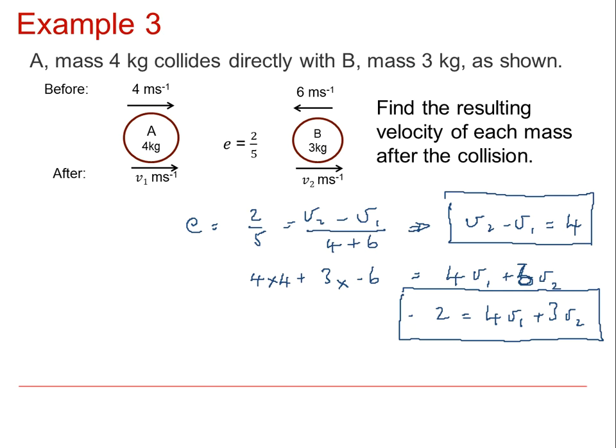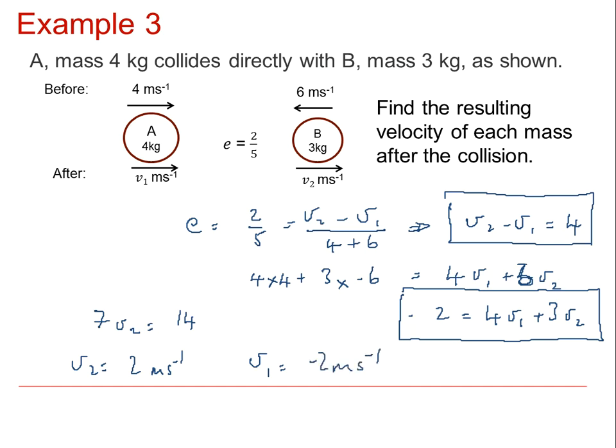we find that we have 7V2 is equal to 16 minus 2, so that's 14. And so V2 is equal to 2 meters per second, and then V1 by substitution is equal to negative 2 meters per second.